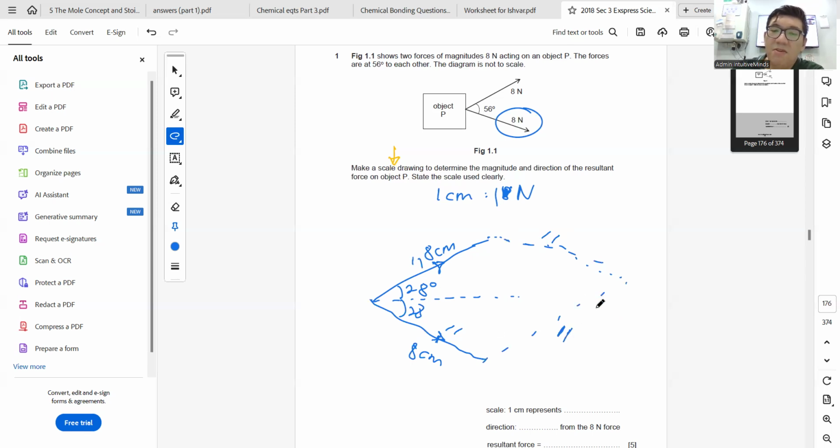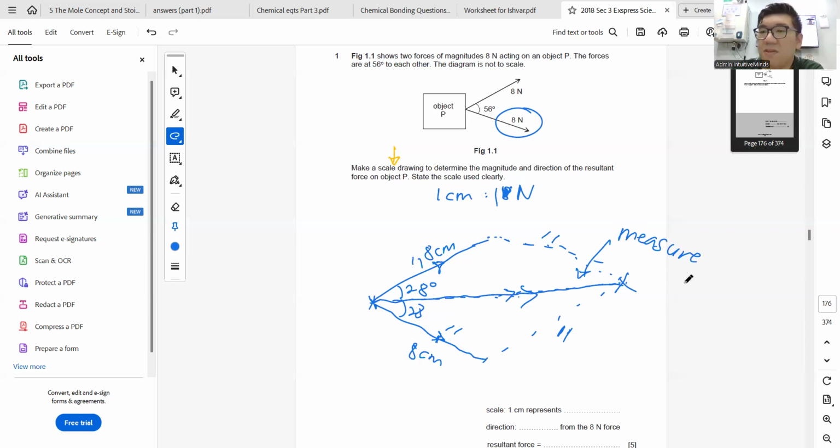So I'm doing freehand for this. It's very ugly, but this is what you should be doing. So from this intersection to this intersection, draw a line and put a double arrowhead. Once you have this, measure the length.